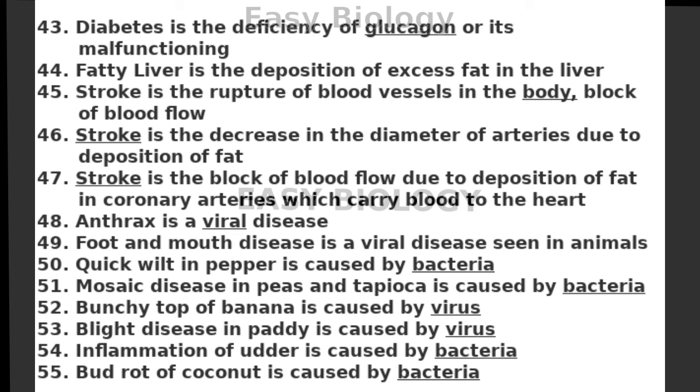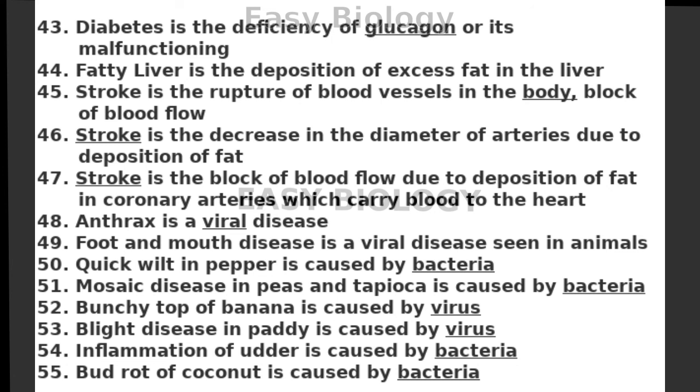Question number 48. Anthrax is a viral disease. The underlined portion is viral and it is wrong. Anthrax is a bacterial disease. Question number 49. Foot and mouth disease is a viral disease seen in animals.